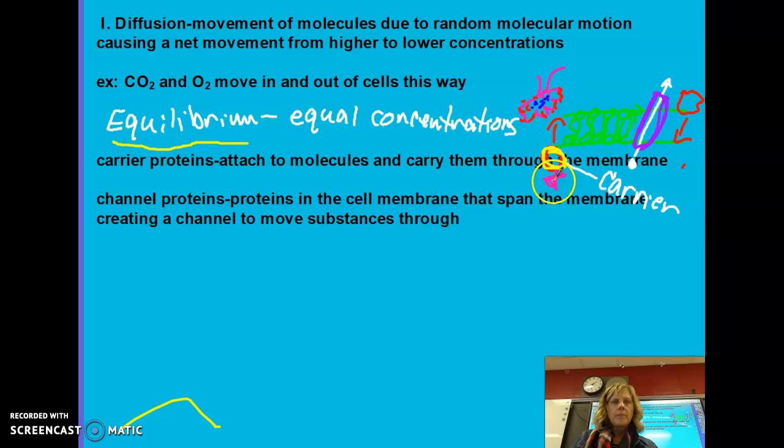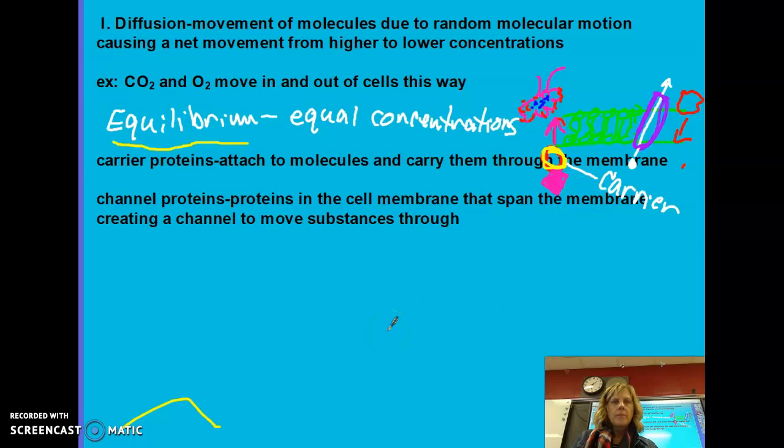It doesn't extend all the way through the membrane. So it will attach to some sort of cool little molecule. Whatever this cool little thing is here, it's going to attach to only little pink square molecules or whatever the particular molecule is. It's usually very molecule specific. That's going to attach, and then it's going to drag this through to the other side of the membrane, whether that's into or out of the cell.